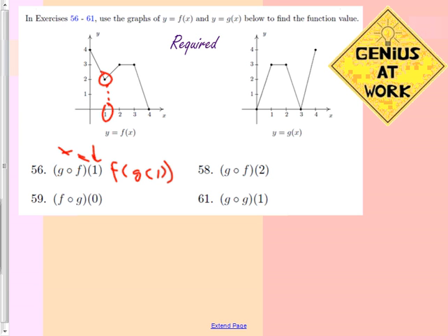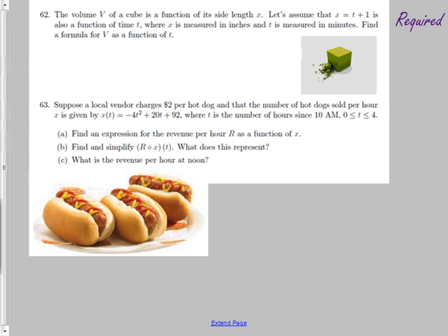What's the y? 2. So when I find this spot right there, that's the spot 1, 2. So when I'm given g of 1, they told me x is 1, and they want to know what the y is. It's 2. So this g of 1 equals 2. Now it's f of 2. Okay, so this is the same idea except with graphs.